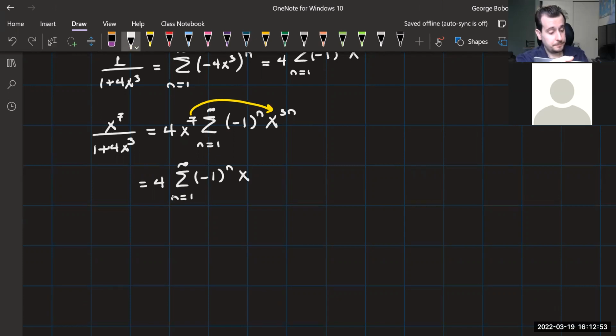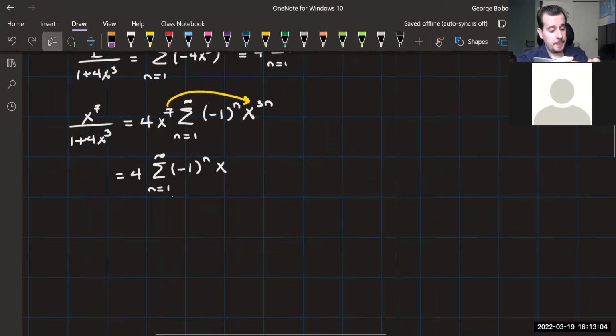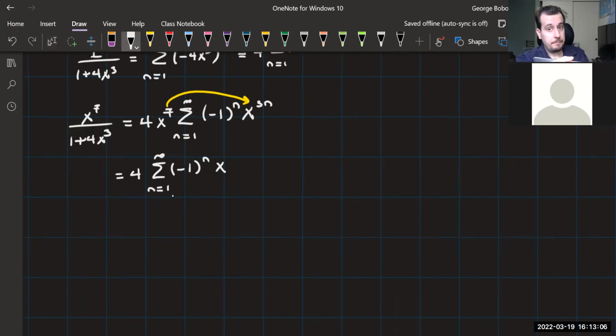Becomes 21. Not 21, now we're going to add the powers. We're multiplying x to the 7 with x to the 3 to the n. Oh, so 10n. Close. That doesn't have an n on it, so it would be 3n plus 7 rather. It didn't have an n attached to it, that x over there.